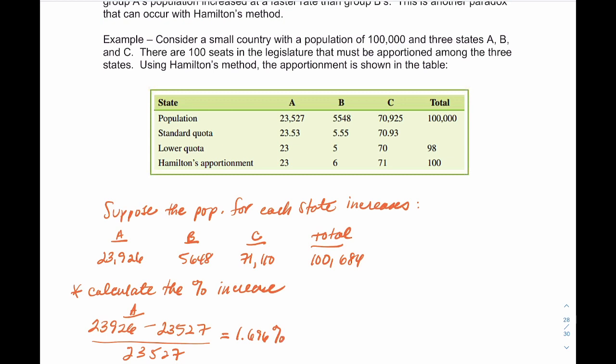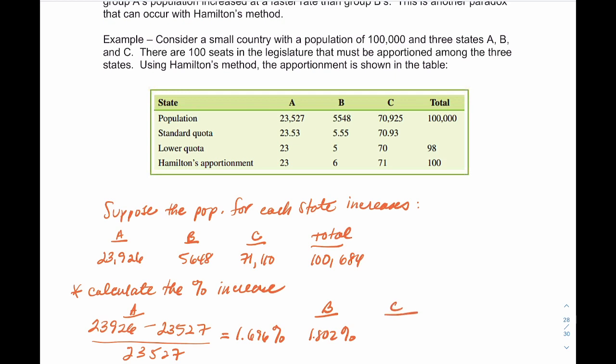Okay, I'm going to do the same thing for B, except I won't work out the formula for it. It's just going to be the new total, 5648, minus the old 5548, and then divided by the old 5548, and you end up with 1.802%.